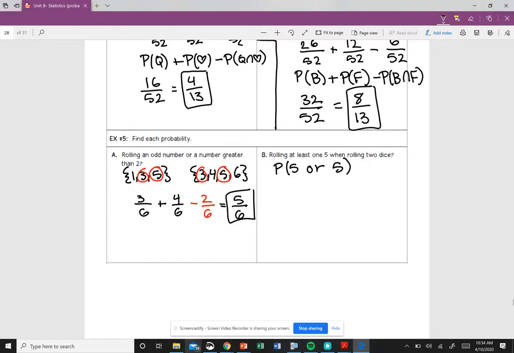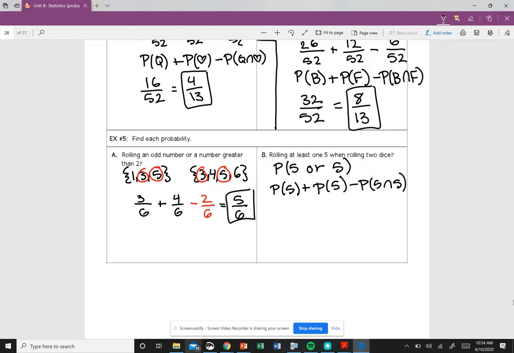And then you need to remember to subtract the overlap. You could roll a 5, or you could roll a 5 on each die, and it's going to count that one twice. So this is going to be the probability of 5 plus the probability of 5 minus the probability of rolling 5 on both dice, because you would only count the double 5 roll once, right?